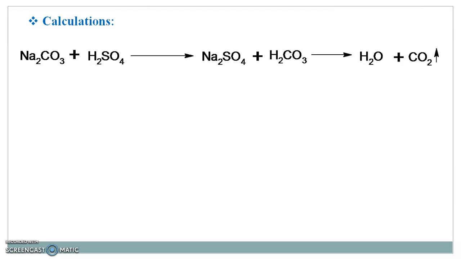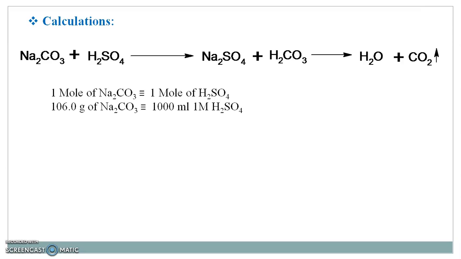So here is the reaction we have seen. 1 mole of sodium carbonate is equivalent to 1 mole of sulfuric acid. The 1 mole of sodium carbonate is nothing but its molecular weight, which is 106 gram. So 106 gram of sodium carbonate is equivalent to 1000 ml of 1 molar sulfuric acid.